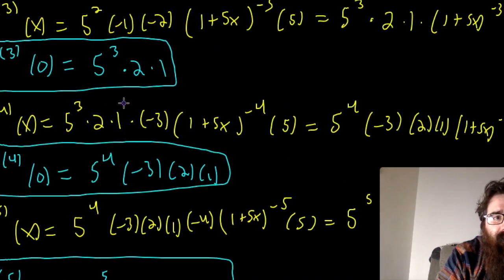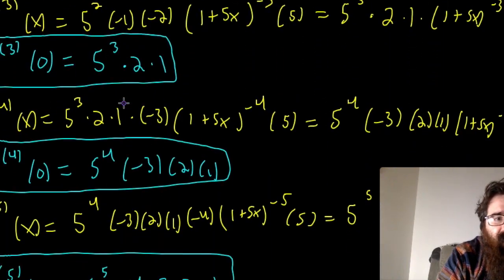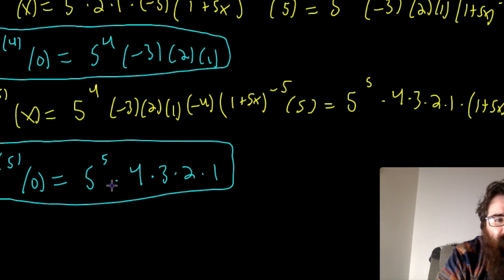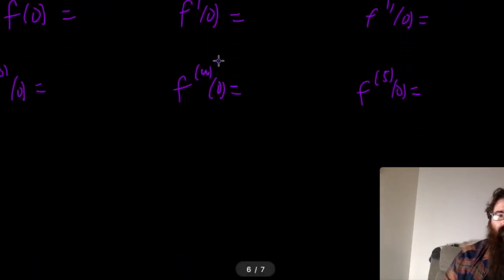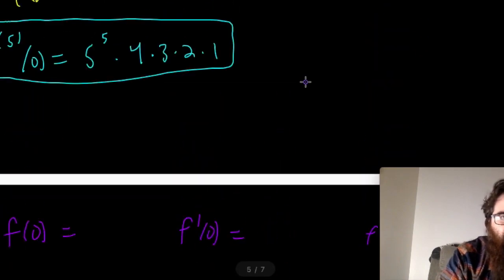I noticed, though, that I had this kind of minus sign creeping in every other term, it looked like. So if I'm sort of focusing on what's happening here, for this fourth order derivative, it is negative, but otherwise I see 5 to the 4th, and then I see a 3 factorial. So for the fourth order derivative, I might even start there. I'll say, well, that's negative, and that was 5 to the 4th times, what was that, a 3 factorial we said?